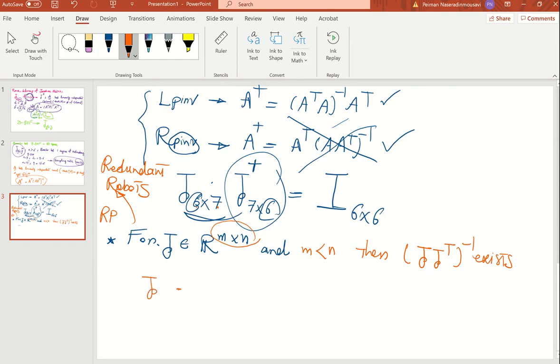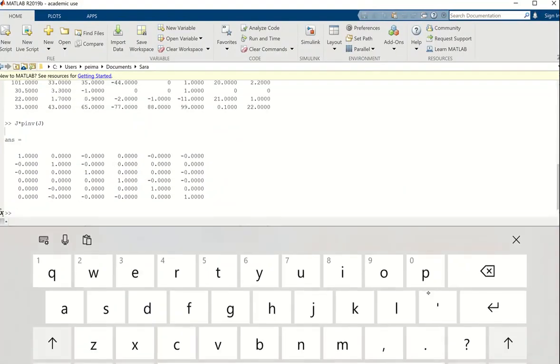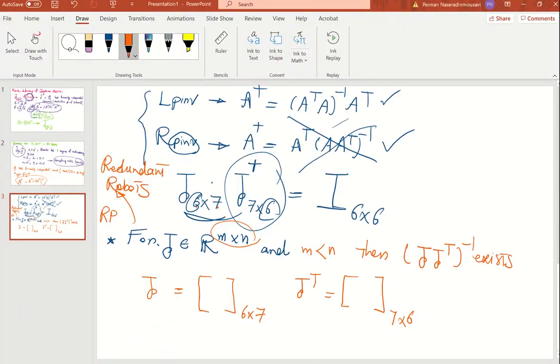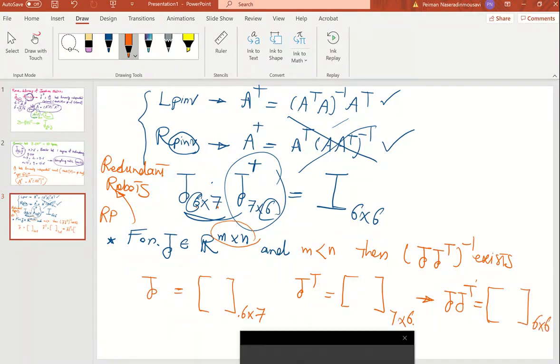For example, if J is 6 by 7, J transpose is going to be how much? Yes, 7 by 6. Sorry. So from here you know that J times J transpose is going to be how much? 6 by 6.